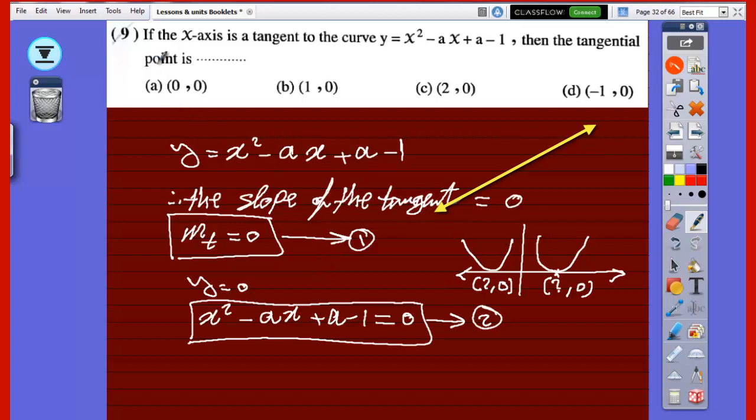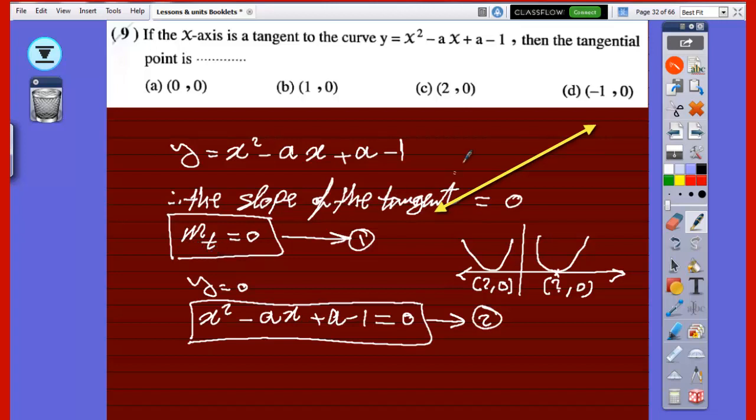If the x axis is a tangent to the curve y equals x squared minus ax plus a minus 1, then the point of tangency is one of these. First, we must calculate the value of a, and then we'll use these two equations. So we will find mt, the slope of the tangent.